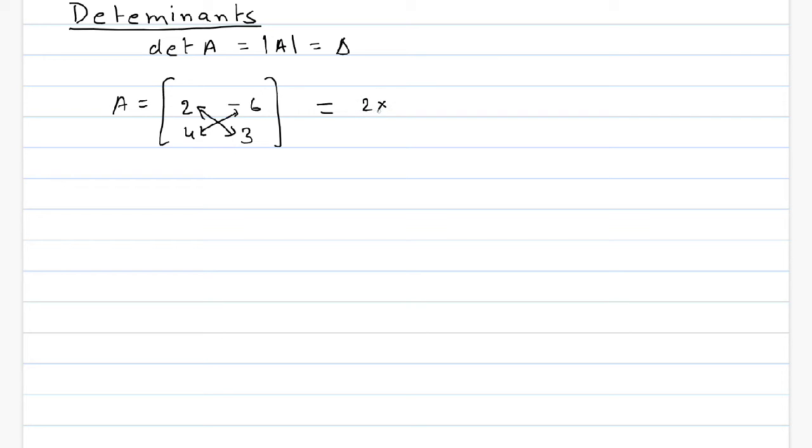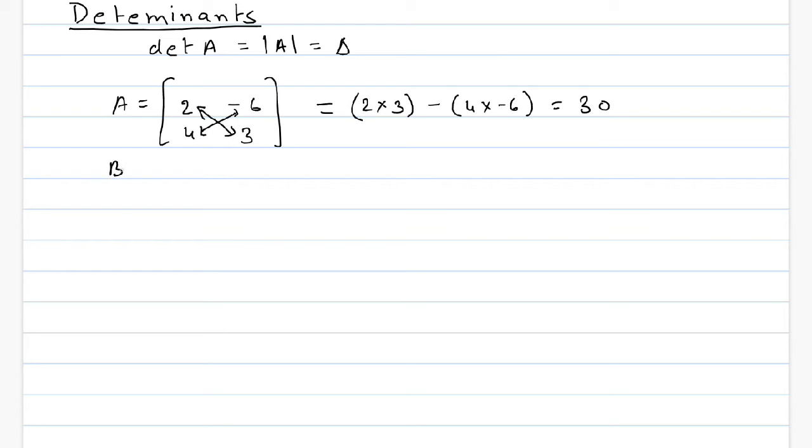So we'll have 2 into 3 minus 4 into -6. So we get 6, and this will be 24, and that becomes plus, so we'll have 30. So we'll be able to find the determinant of a 2 by 2 matrix in this particular manner.